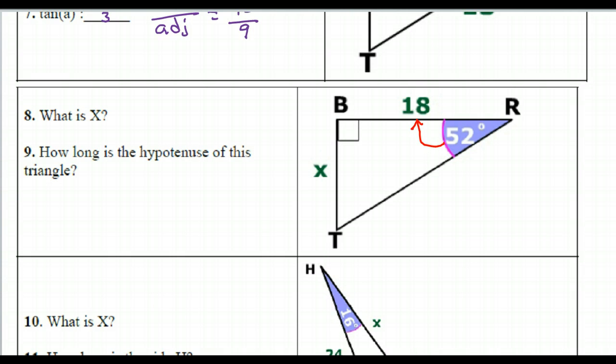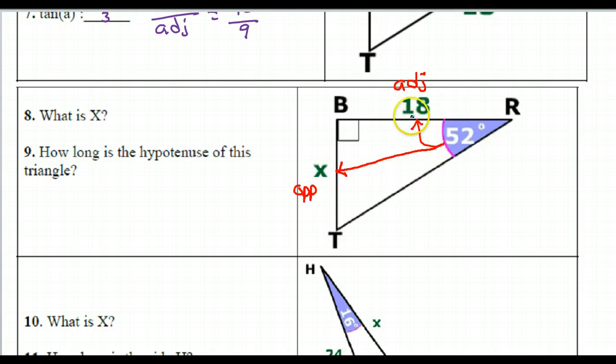Opposite, adjacent, or hypotenuse? Well, that is adjacent because it's near the 52. What about this x? Well, that's the opposite leg. This over here is the hypotenuse, but we don't have any number, there's no x there.